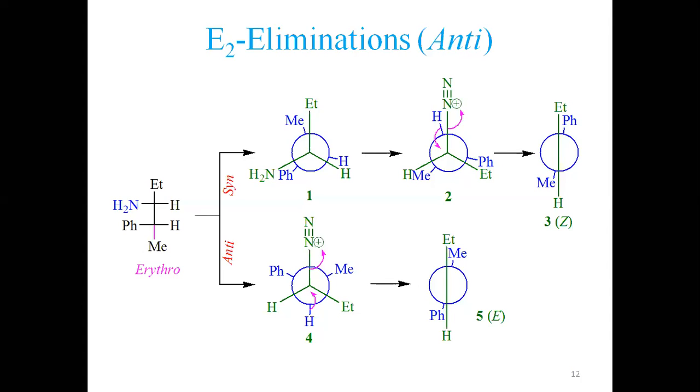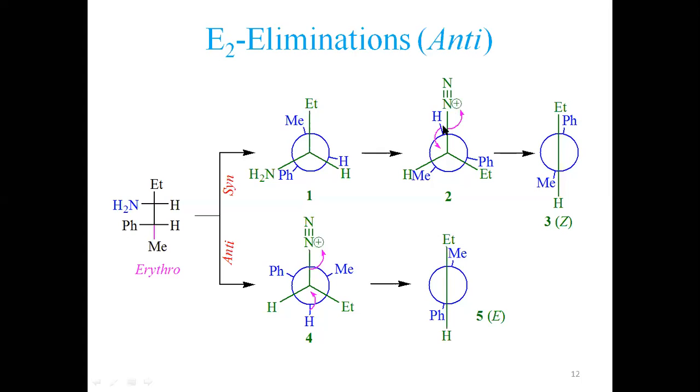So it eliminates as a very stable entity and leaves the molecule because it is a gas. So this is a good leaving group, even called the best leaving group. So this hydrogen is leaving in this way.